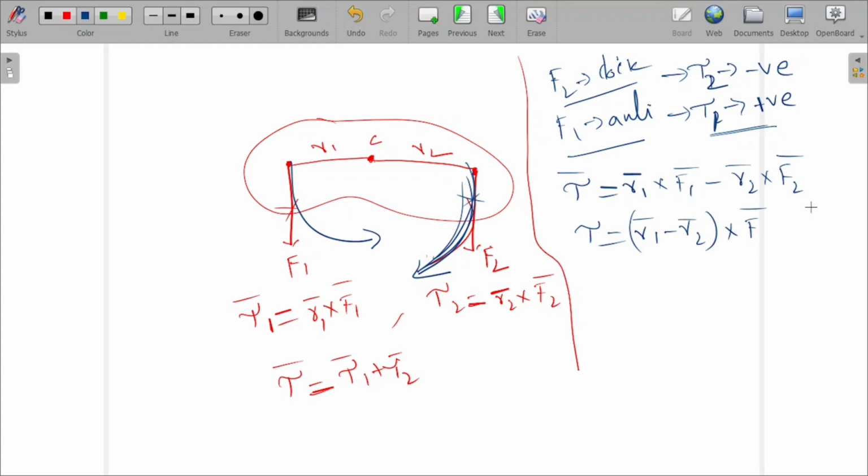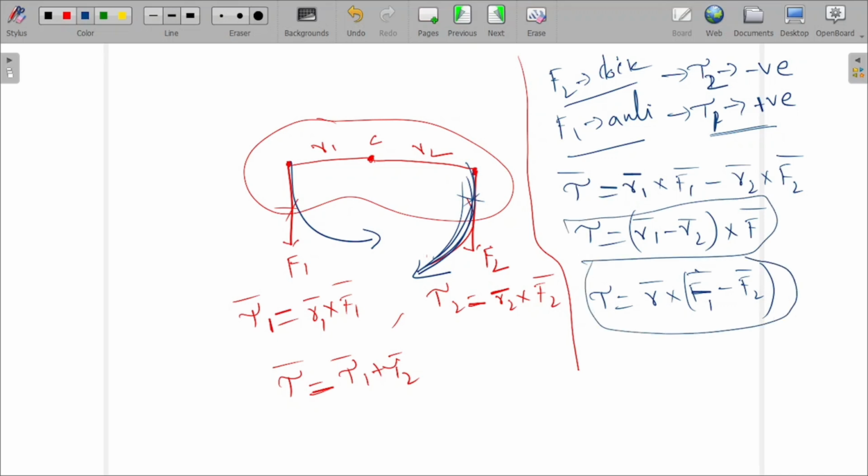Clear? Understand? If different forces are acting but at the same distance, then torque equals R bar cross F1 bar minus F2 bar. Okay, this is about torque. Now, are you able to understand?